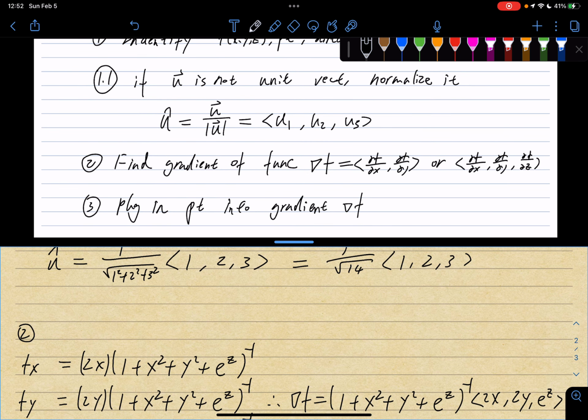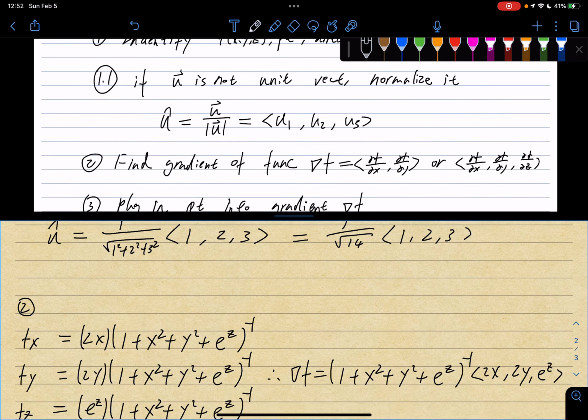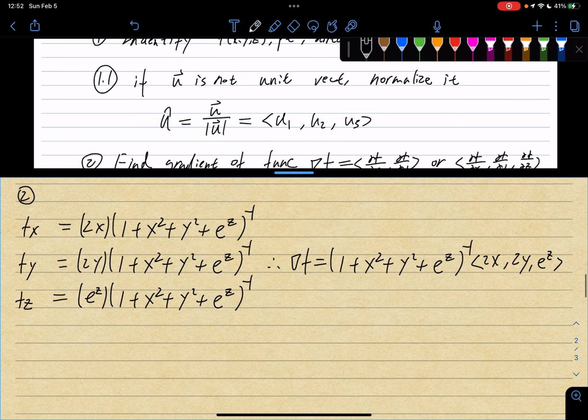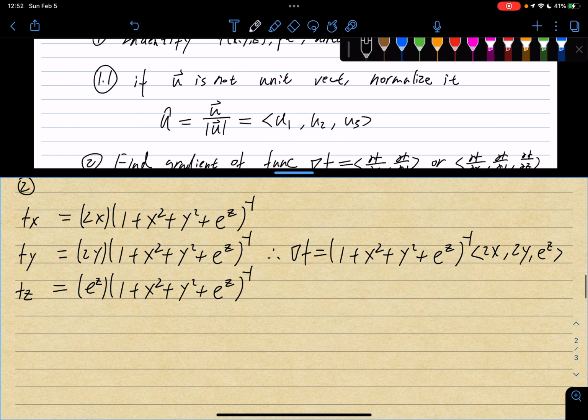So step 3, we're going to plug the point into the gradient of the function f to get the gradient in terms of actual values. So the gradient at (1, 1, 0) equals this whole jumbo, which equals 1 over 4 times (2, 2, 1).